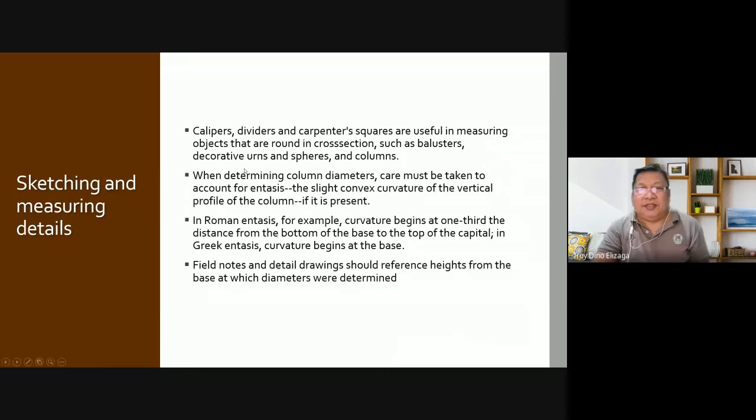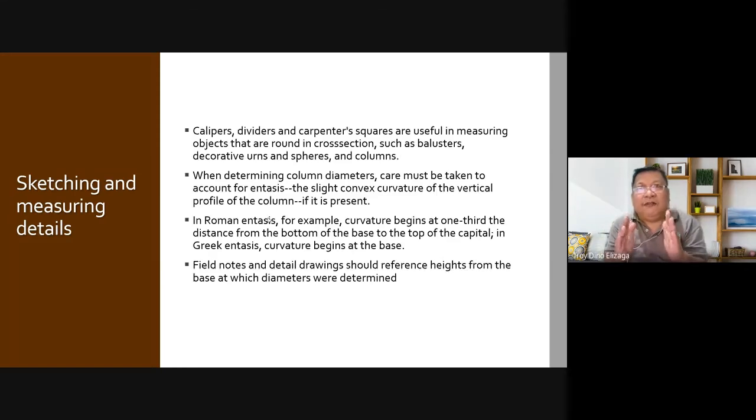So calipers are useful, but I think on this slide, what is emphasized is the entasis. Now, in your History 1, you should have encountered this word, especially when you talk about Greek and Roman buildings, because they make the columns with a certain bulge for the optical illusion, because our eyes tend to bend straight lines.